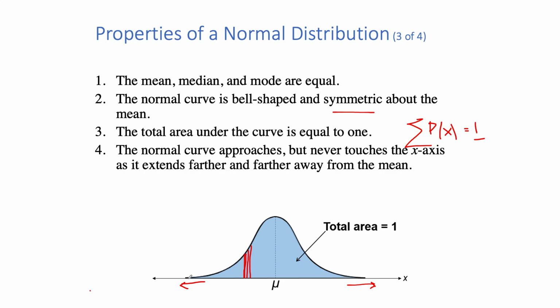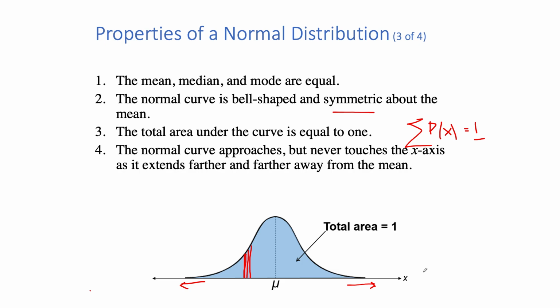As I go further and further out, it never hits the axis. It never intersects with the axis. It just keeps going off into infinity. It's the same on either end. So the tails of the normal distribution never intersect with the axis. They just keep getting closer in a formal sense.